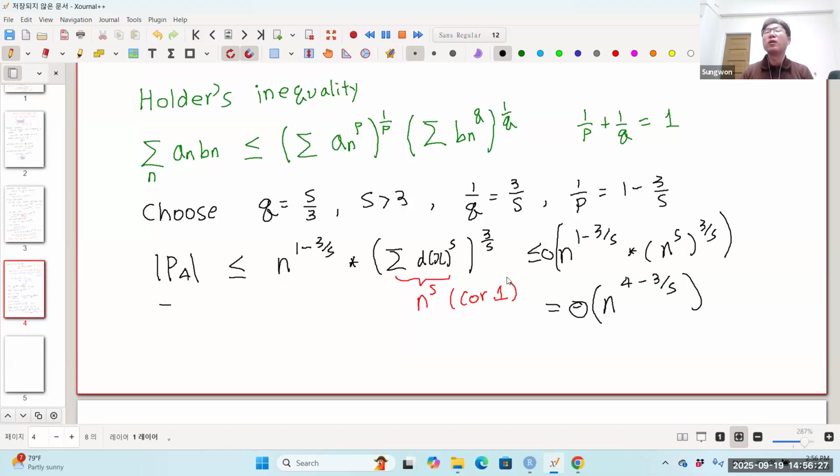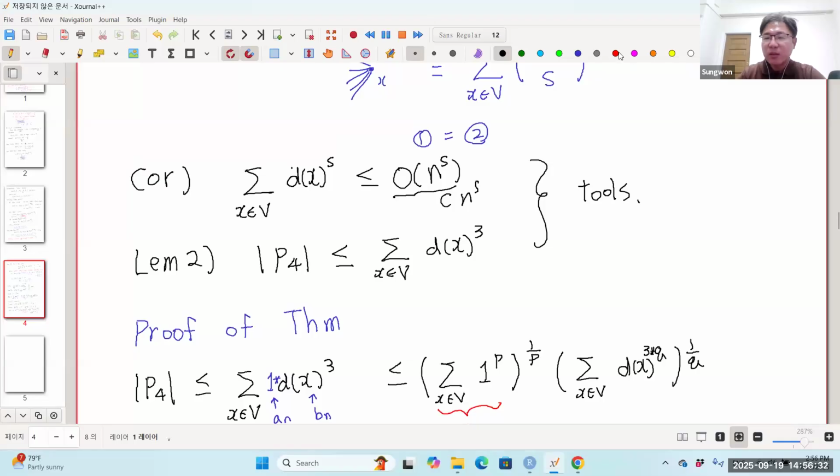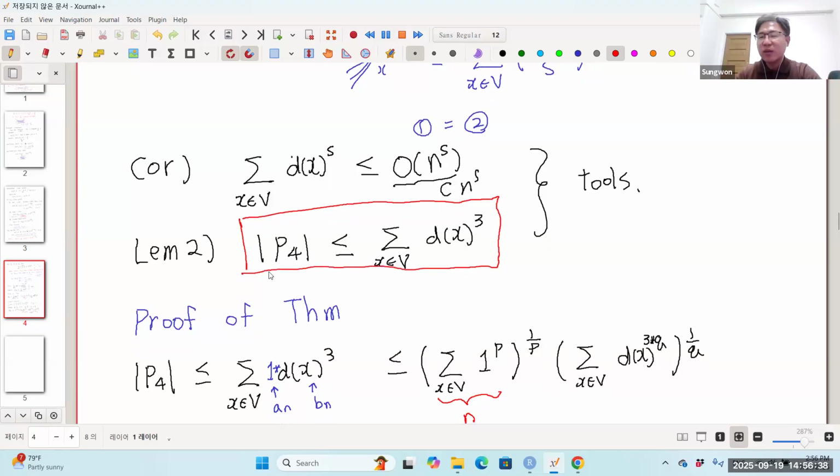the one that I did, I didn't show you this in detail. This one. If you do P5 and P6 and so on, this side becomes more complicated.